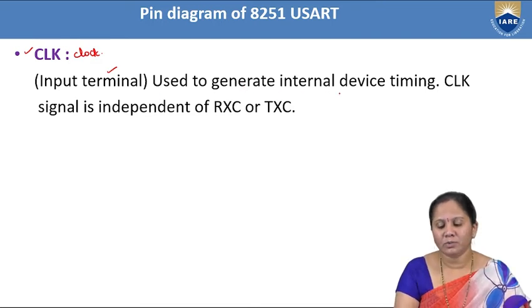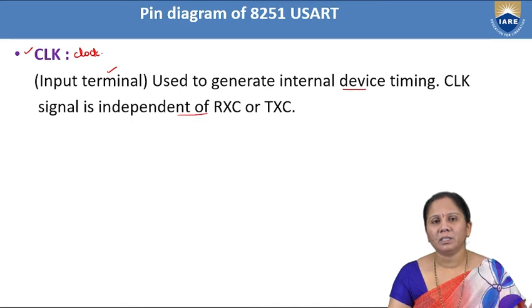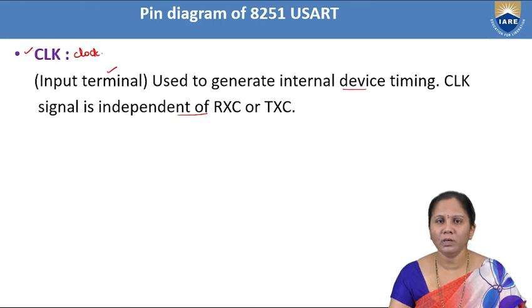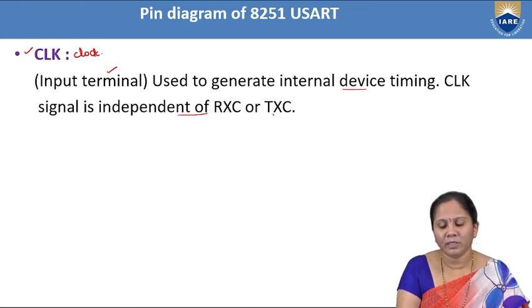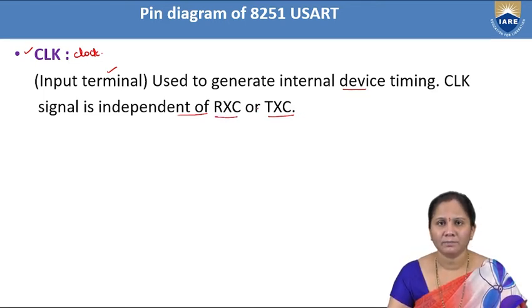This clock signal is used to generate internal device timing. Clock signal is independent of RXC and TXC because at the transmitter end we will have one clock signal, and at the receiver end it will also have its own clock signal. So here TXC represents transmitter clock and RXC represents receiver clock.